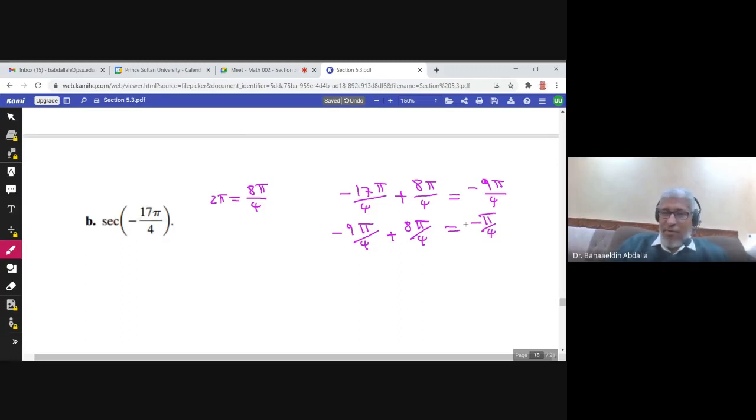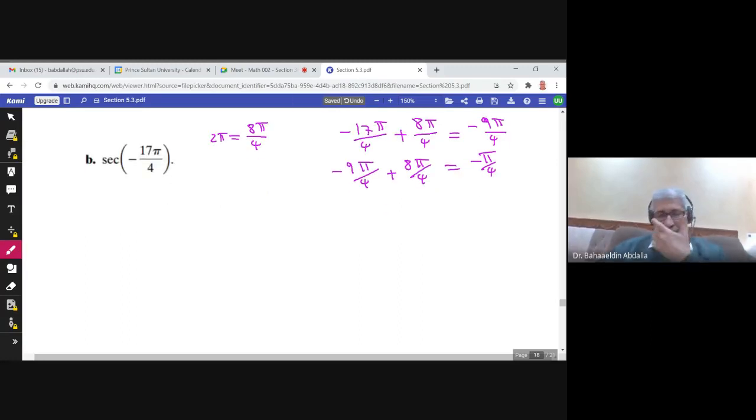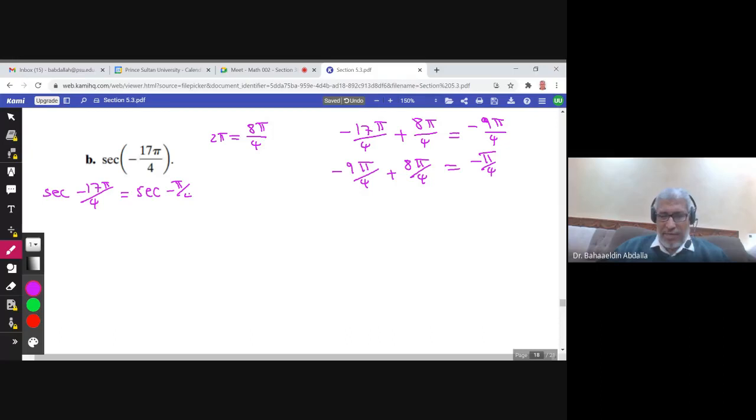Now, negative pi over 4 is okay with me. It's a negative angle, but it's okay. So we can say that secant negative 17 pi over 4 is equal exactly to secant negative pi over 4. Why? Because negative pi over 4 and negative 17 pi over 4 are coterminal angles.